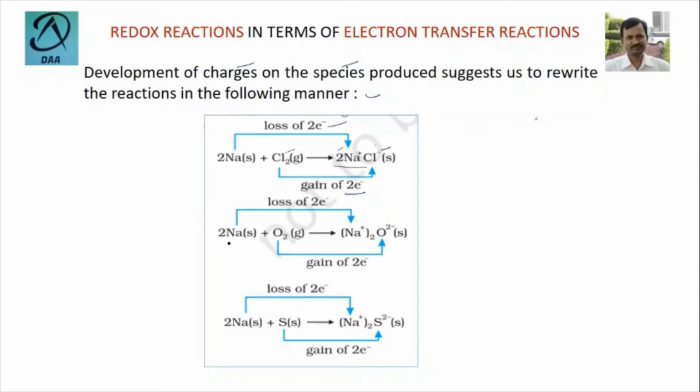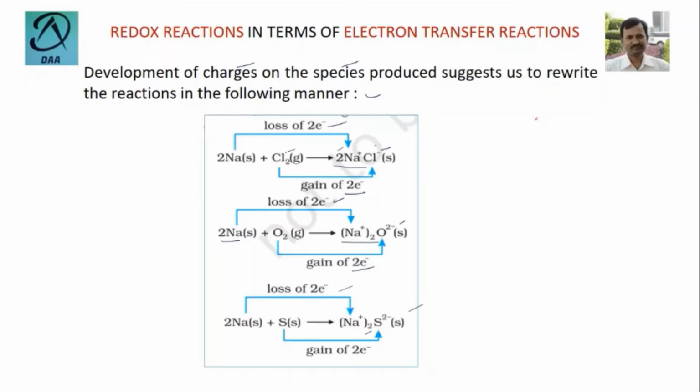In the same way, for sodium, again it loses a total of 2 electrons to form (Na+)2, and oxygen O2 will gain a total of 2 electrons to form O2- ions. In the third case, 2Na will lose a total of 2 electrons to form (Na+)2, and sulfur will gain 2 electrons to form S2-.